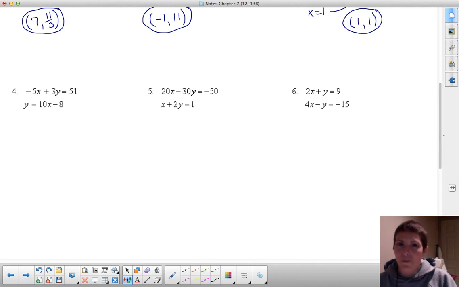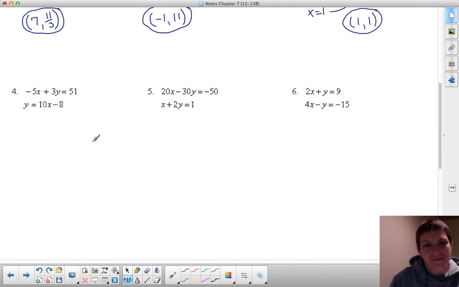I have a feeling number 4 might be a special case, but why don't you go ahead and get it started on your own? So push pause and see how far you can go with your substitution. Hopefully you really did try this, but this time we're going to use our second equation and substitute this quantity into the first equation.